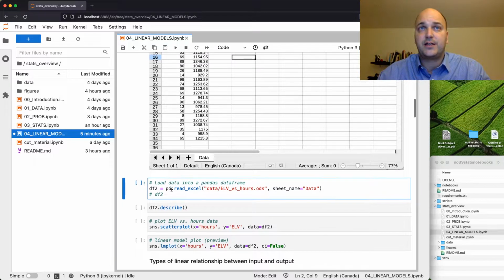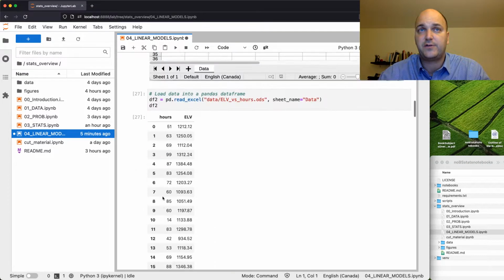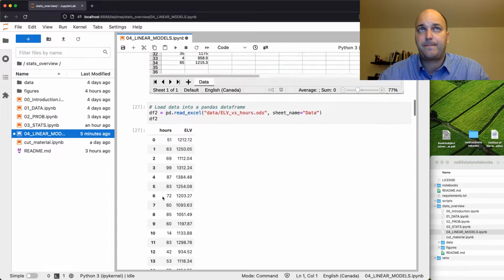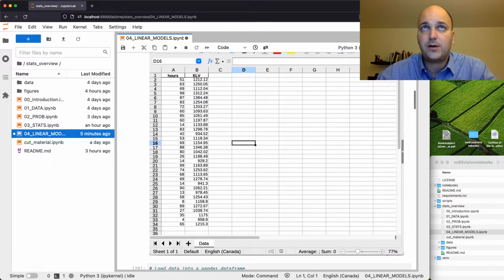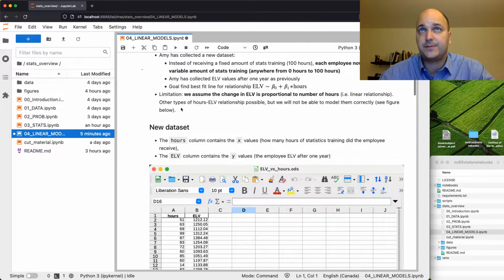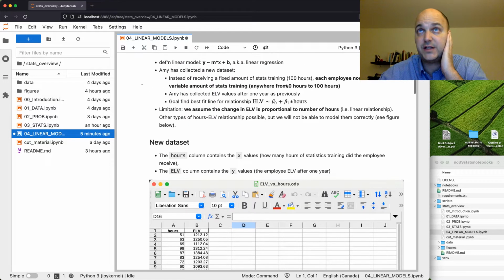Let's take a look at the data frame. It's as you see in the Excel file. The purpose of the model here is to understand this relationship: how does the employee lifetime value depend on the number of hours?